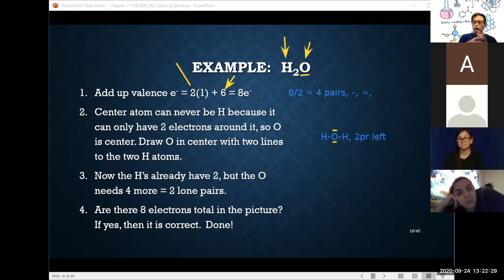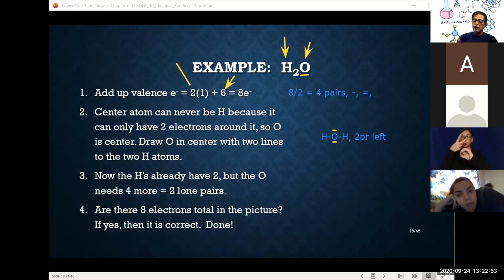Okay? Now, around the oxygen, I have 4 lines that represent a single bond or 2 electrons. So if I count the electrons around oxygen, I have a total of 8 electrons, okay, which is consistent with the octet rule.